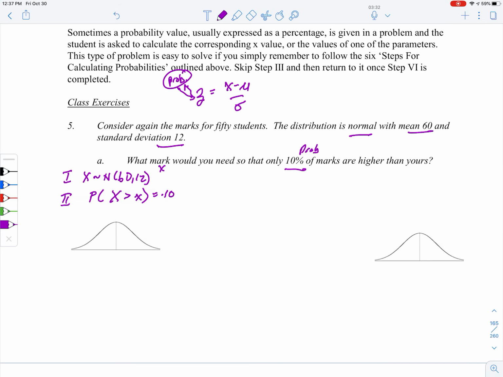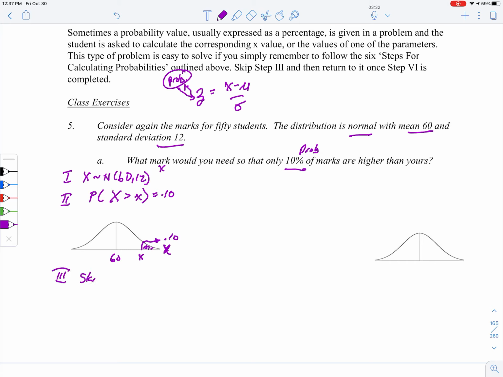Let's draw a picture of that. So here we've got 60, and this is the distribution of all x's, but we want to find a specific little x value so that this area here is 10%. So what is that particular x value that gives us an area of 10% in the upper tail?